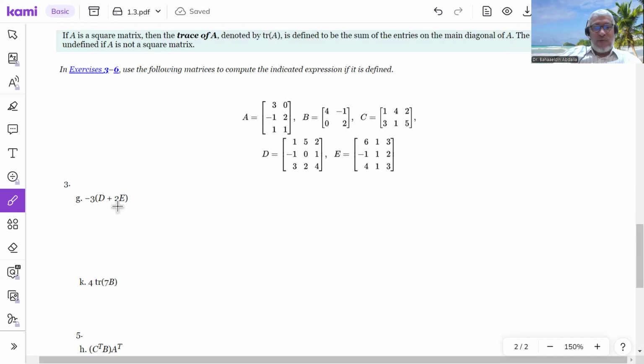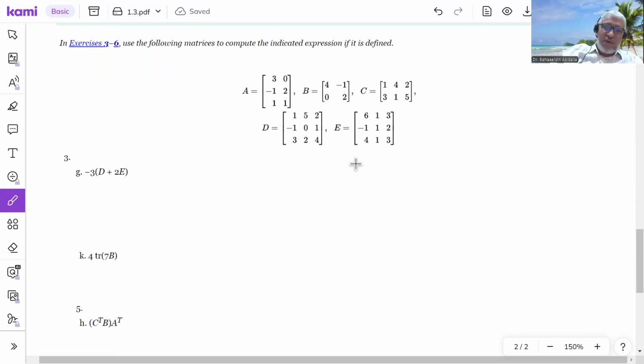I want to add D with 2E. E is also 3 by 3, so I can do that. So this would be -3 times D, which is 1, 5, 2, negative 1, 0, 1, 3, 2, 4.